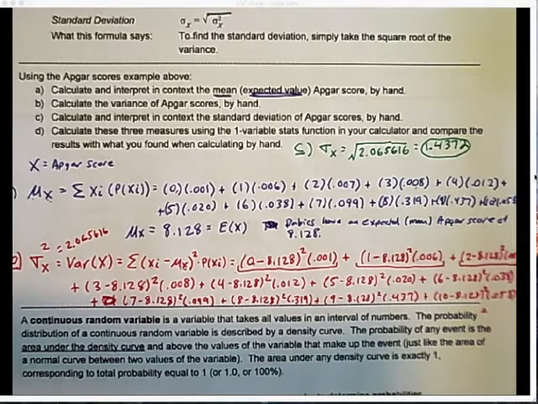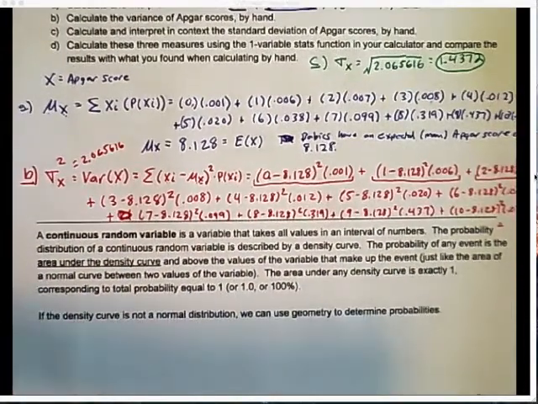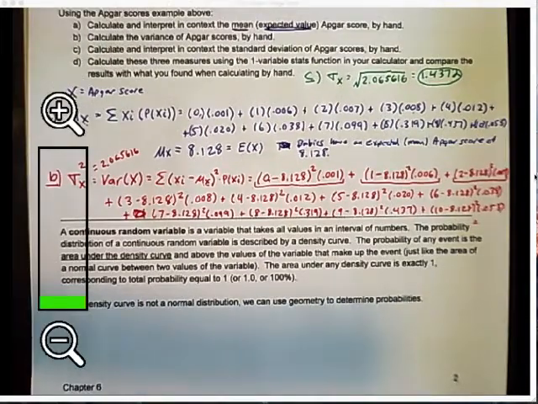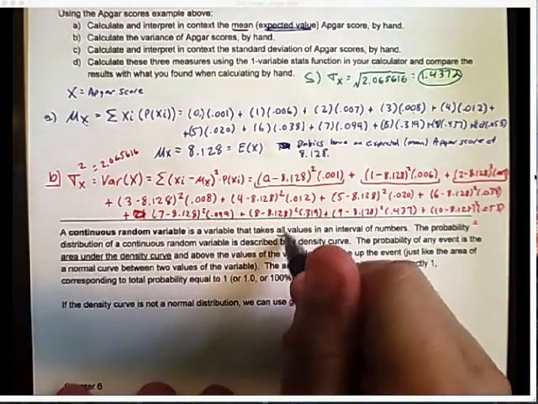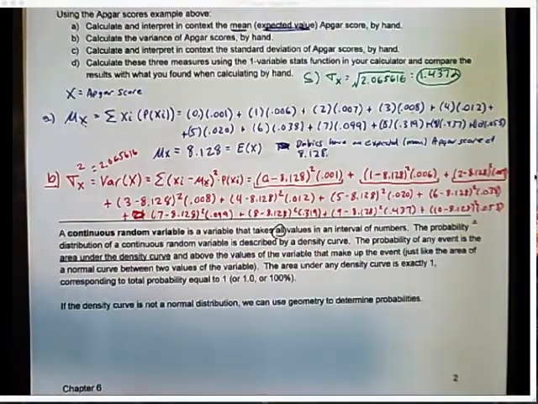All right, now, this is a little different than a continuous random variable. A continuous random variable is a variable that takes all values within an interval of numbers. The probability distribution of a continuous random variable is described by a density curve. The probability of any event is the area under the density curve and above the values of the variable that make up the event, just like the area of a normal curve between 2 values of the variable.